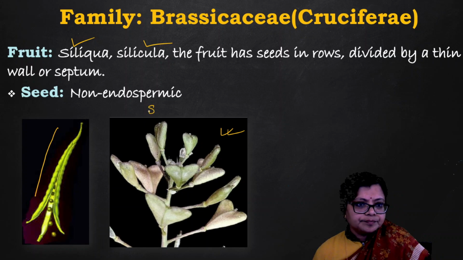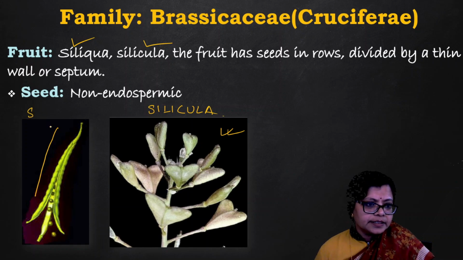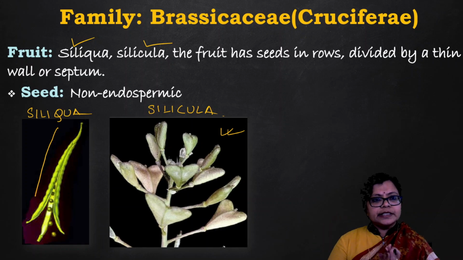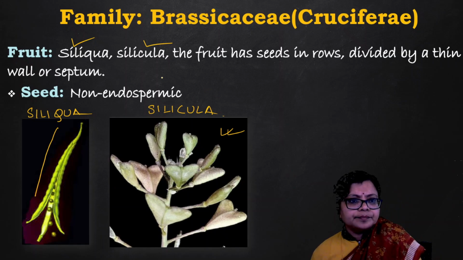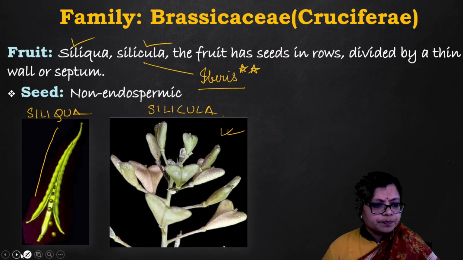So it is silicula, and this diagram represents siliqua. The basic difference between siliqua and silicula, clear? Silicula, example, again Iberis. Point to be noted: seeds are non-endospermic.